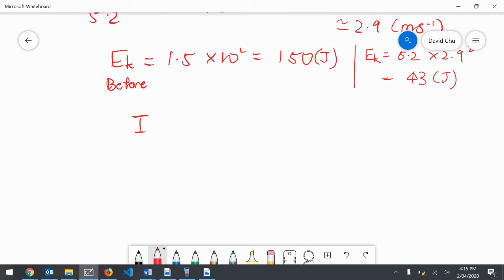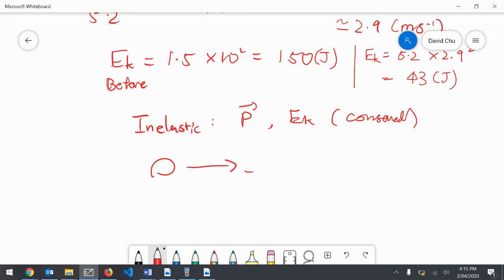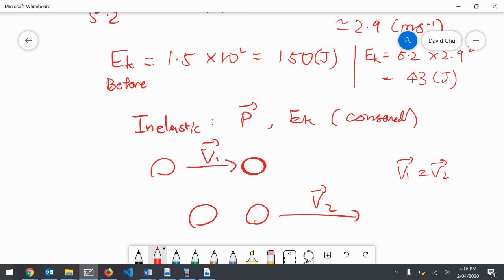If you have one ball coming and afterwards this one is stationary and the other moves at the same velocity as before, this will only occur if the two masses are the same.